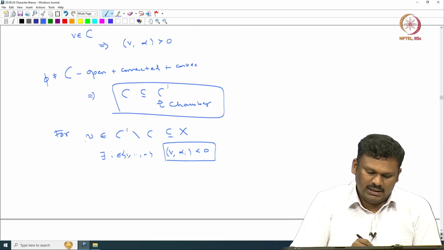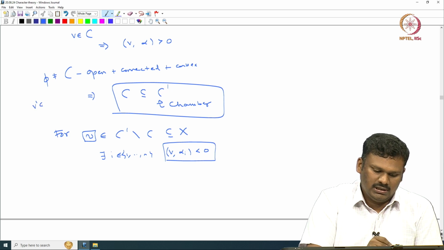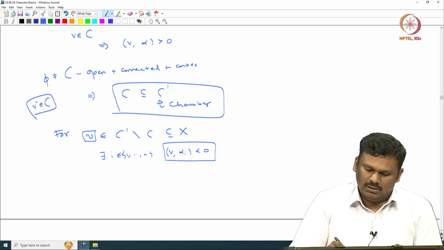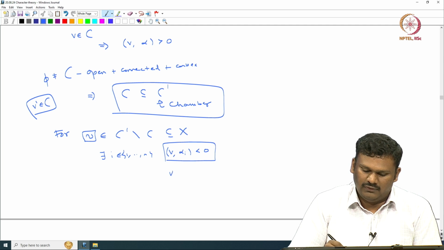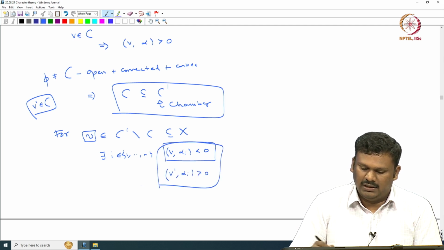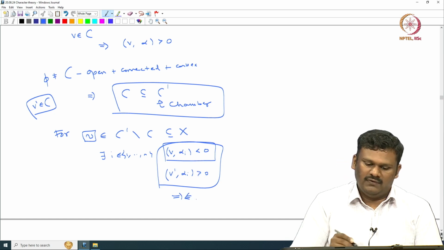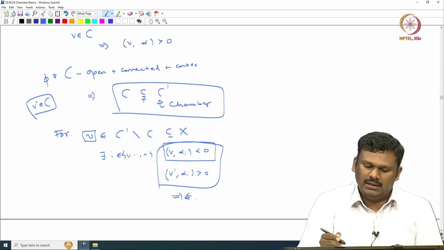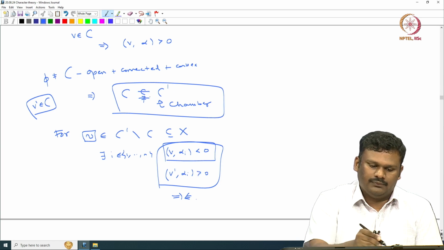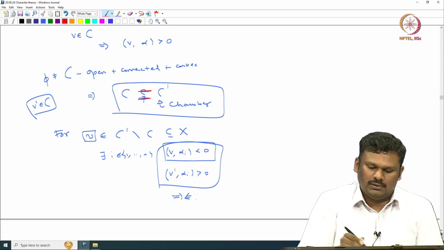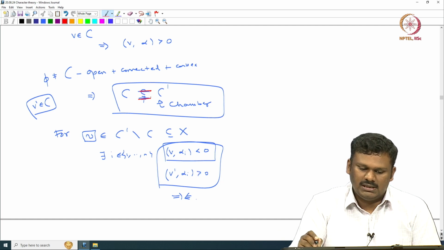So, this point and the point in C now lie on different sides of the hyperplane defined by this alpha i, which is a contradiction. That proves that we cannot have this strict inequality, so we must have equality. This proves C is indeed one of the chambers.